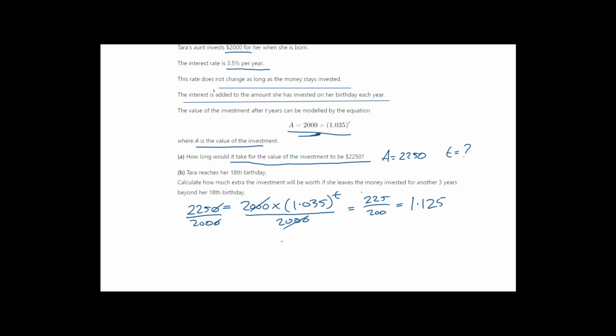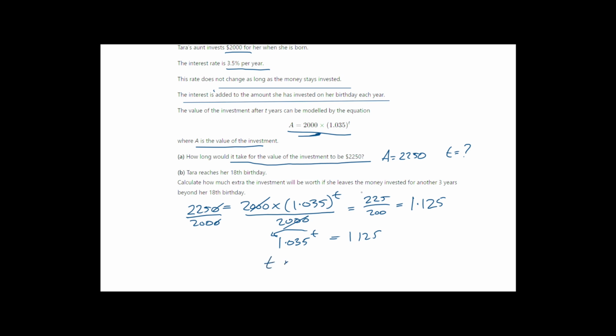So let's look at what we've got. 1.035 to the power of t equals 1.125, and we want to get this t down here in front, so we're going to take the logs of both sides.